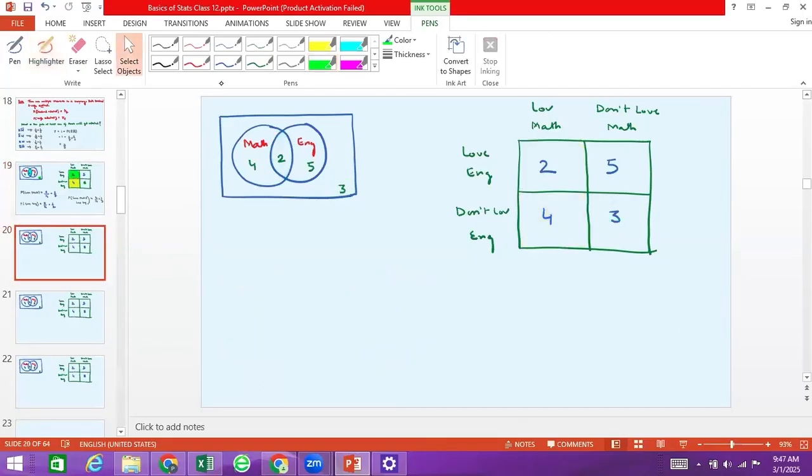Okay, now another question. What is the probability that students love math or they love English? 11 by 14, okay.